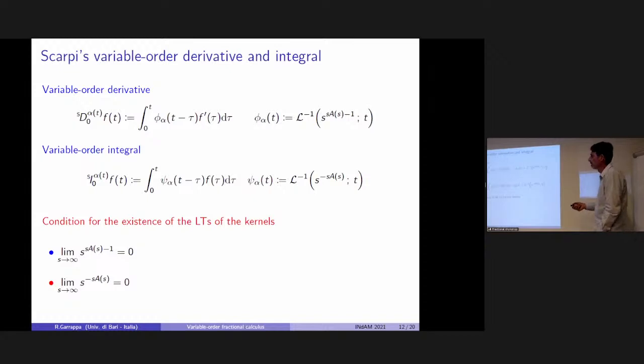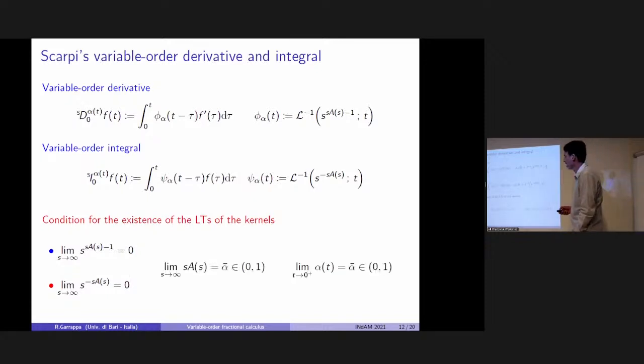But in order for the two kernels, the kernel of the derivative and the kernel of the integral, to actually be the Laplace transform of some function, the limit for the spectral variable to infinity must be 0, and these conditions are satisfied if the Laplace transform of the transition function satisfies this condition.